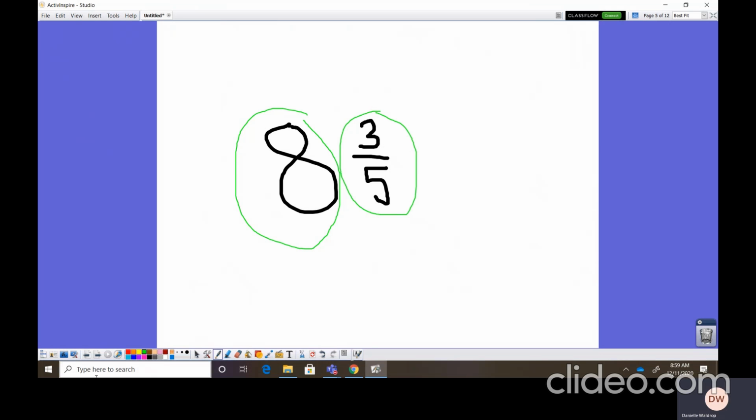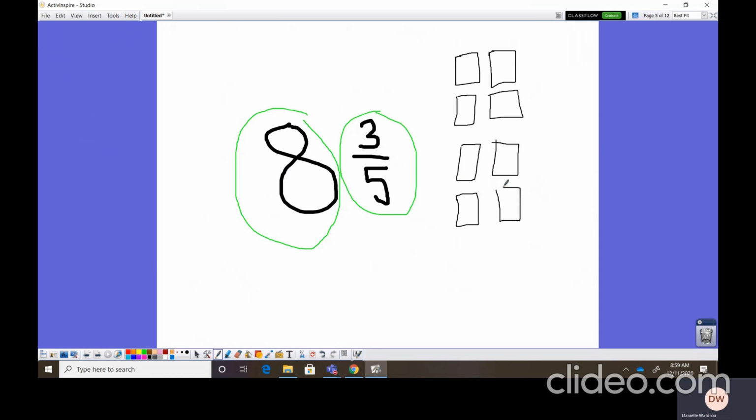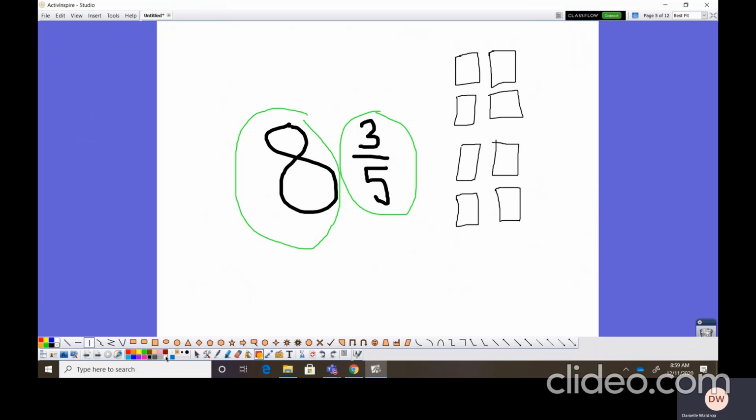All right, I hope you took time to pause the video to try to draw 8 and 3/5. So what is the whole number in this? Good, 8. And so you should have drawn yourself 8 whole boxes. Okay, so here's my 8 whole boxes. So there's 4, 5, 6, 7, 8, and I'm going to shade them in.